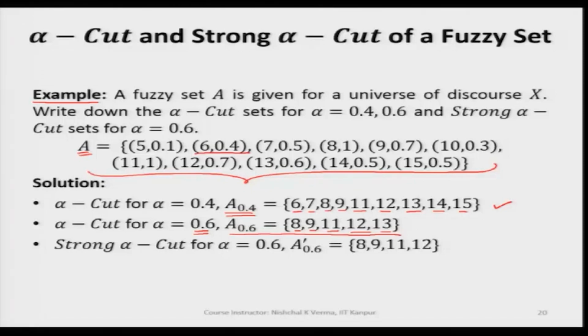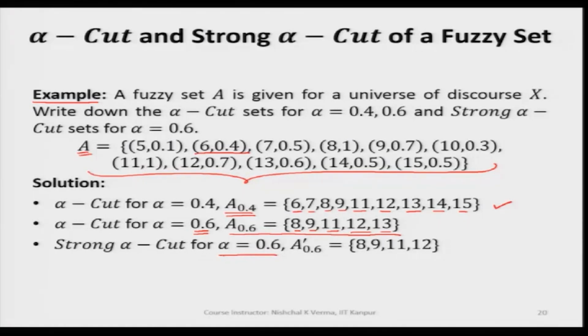So, this way we will be able to get the alpha cut of a fuzzy set. Now, when we are interested in making this alpha cut a strong alpha cut, for alpha equal to 0.6, we will have the collection of all those points for which their corresponding membership value is greater than 0.6. So, we will not be taking those values for which the membership value is equal to 0.6. We will be taking only those generic variable values for which the membership value is more than 0.6.